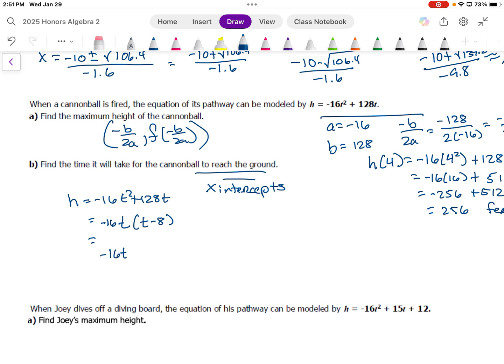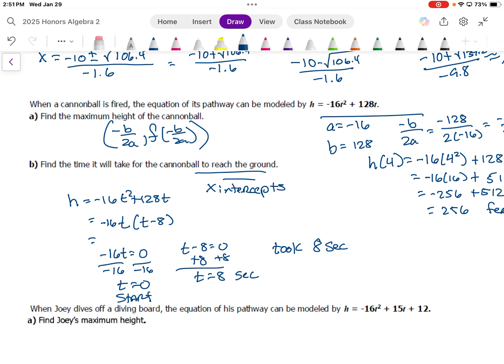Negative 16t equals 0. T minus 8 equals 0. Divide by negative 16. That gives me time is equal to 0. So that's when I started. And then t is equal to 8 seconds. So it took 8 seconds until it hit the ground.